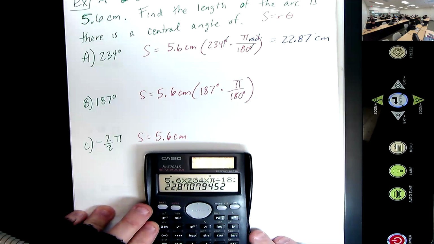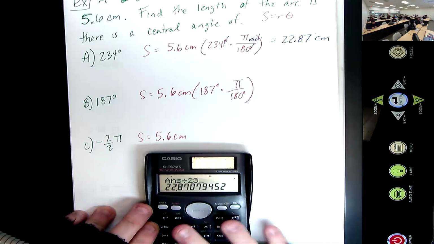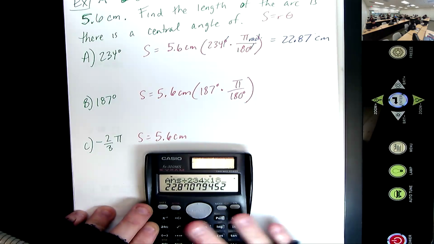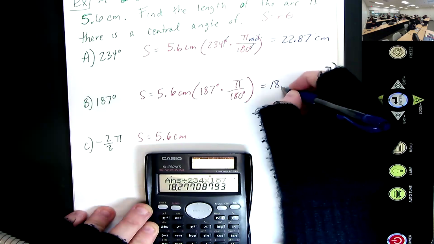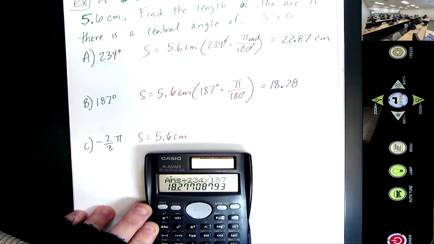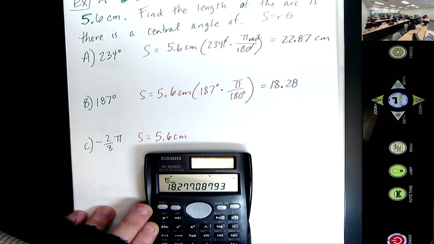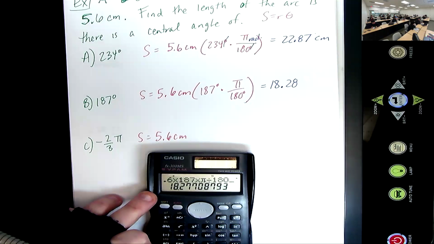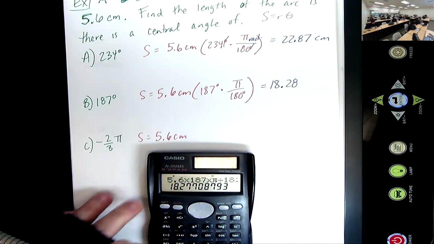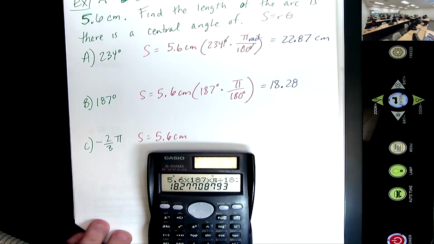I'm actually gonna shortcut it, I'll do it both ways. I'm gonna do divided by 234 to wipe out the 234 previously and multiply by 187. And I'm pretty sure we're gonna get to 2 decimal places 18.28. But I didn't do it the long way, so I'm gonna do it the long way as well. 5.6 times 187 times pi divided by 180. And still 18.28 centimeters.